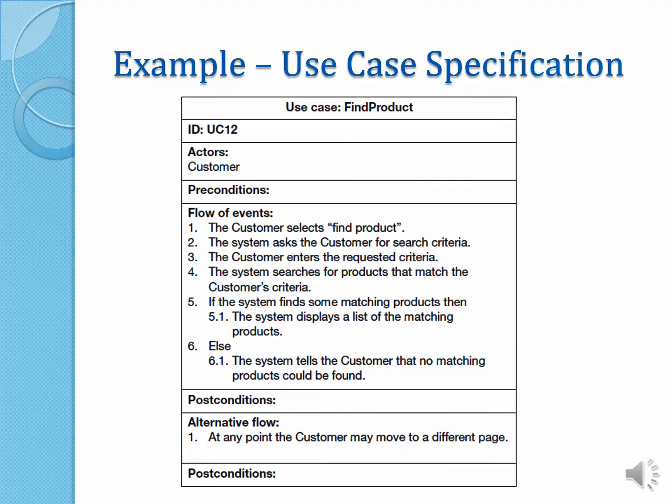Next topic is use case specification. Once we identify the use case, the next step is to prepare the use case specification. The specification provides detailed information about the use case, including its purpose, who the actors involved are, what the preconditions are, what the flow of events is, what the alternative flow of events is, and what the expected outcomes will be.